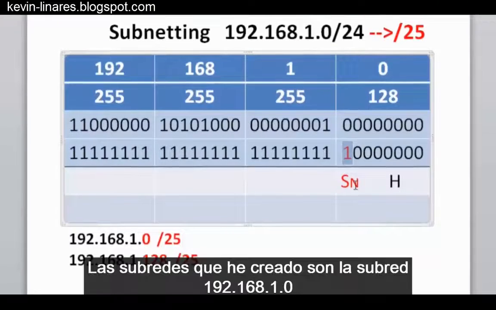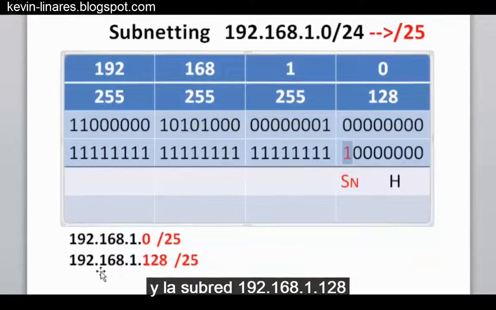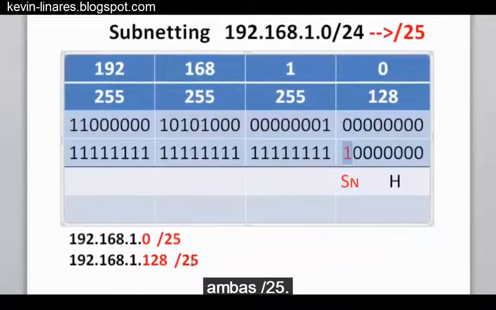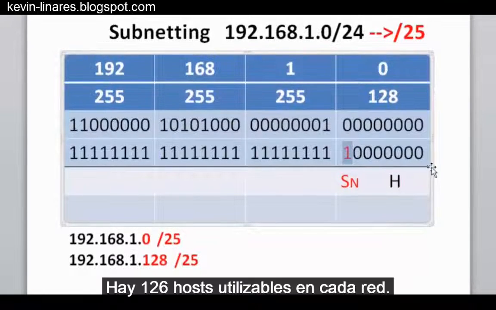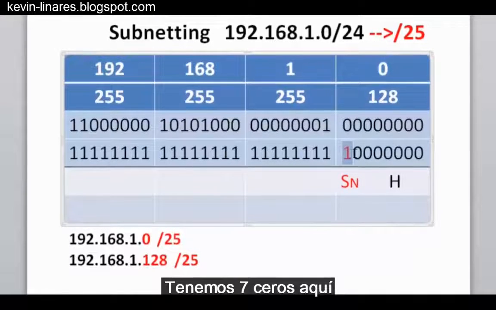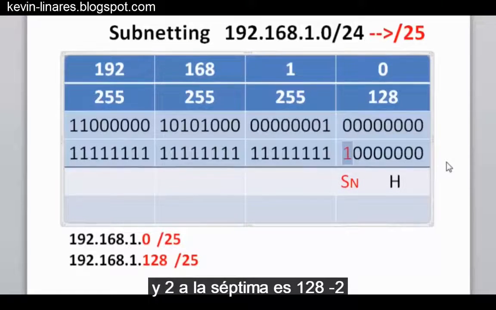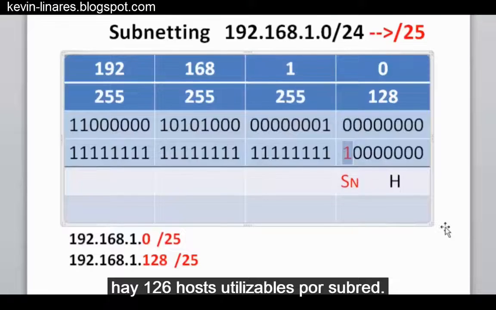The subnetworks I've created are the 192.168.1.0 subnet and the 192.168.1.128 subnet, both /25. The hosts on each network are 126 usable hosts.